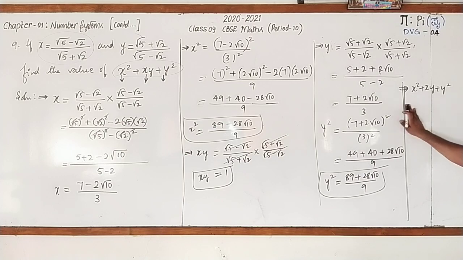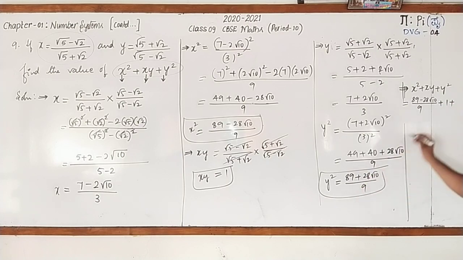X square is 89 minus 28 root 10 by 9, plus xy is 1, plus y square is 89 plus 28 root 10 by 9.